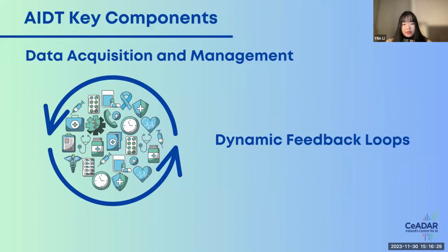This dynamic cycle not only refines the individual twin, but also enriches the population data pool, improving the accuracy and representativeness of the model. The accuracy and depth of data collection and management make the health digital twin a transformative tool in healthcare.